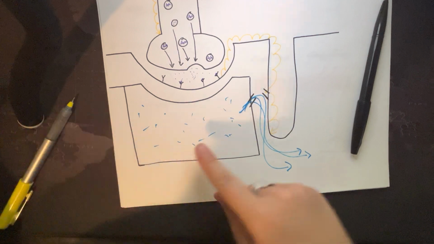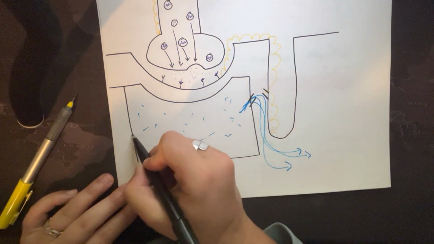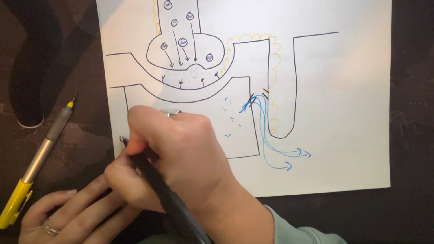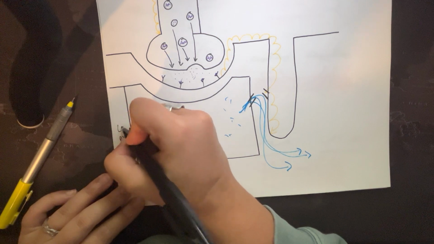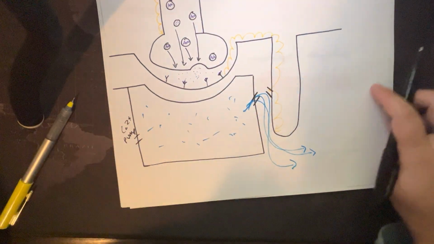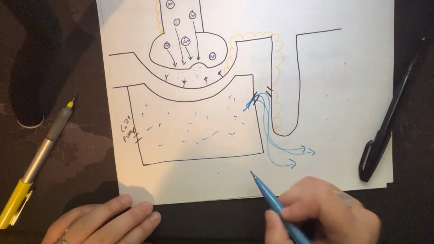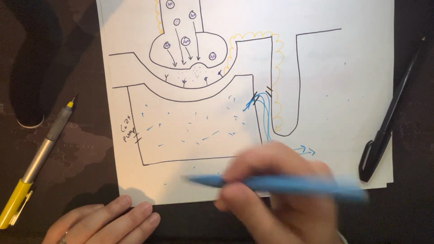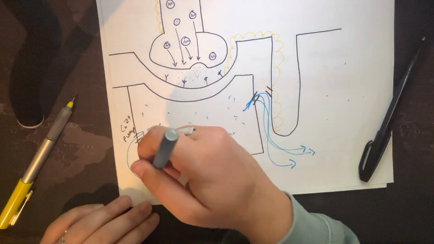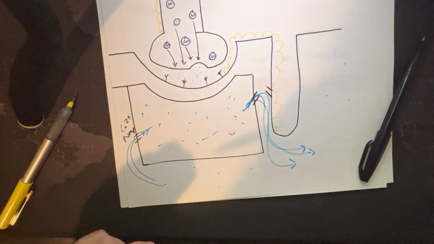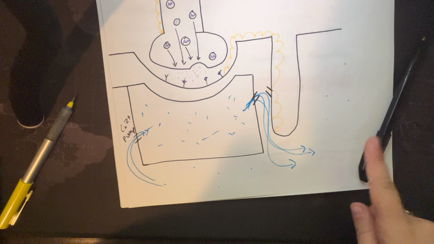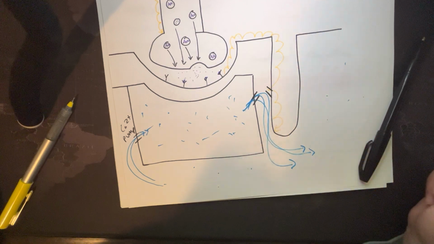But we know that the sarcoplasmic reticulum also has a pump. This is a calcium pump because it wants to continue to take all of the calcium from this outer part of the cell back into the sarcoplasmic reticulum, constantly working against any of our calcium being released.